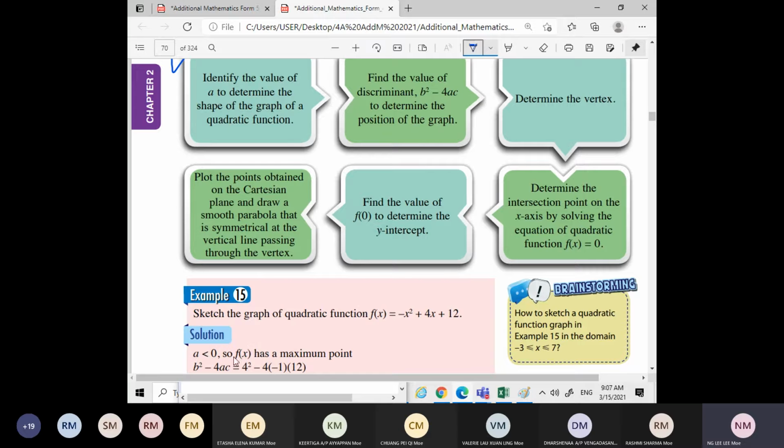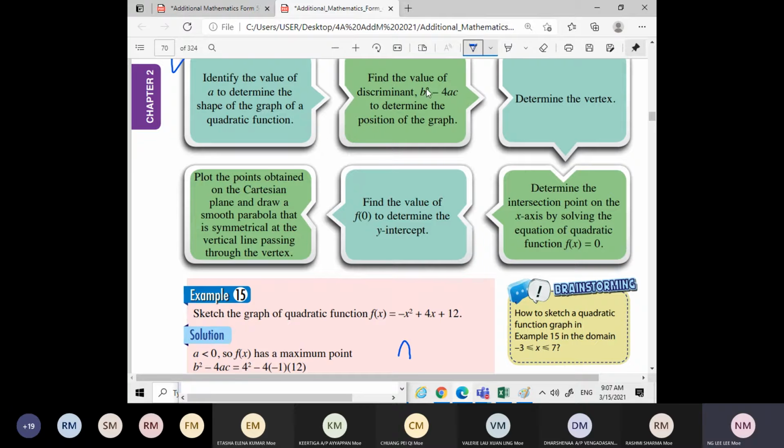So first part, we want to know the a. a is negative here, -1. So a is smaller than 0, so f(x) has a maximum point, this shape, the sad face. So this is the first one.